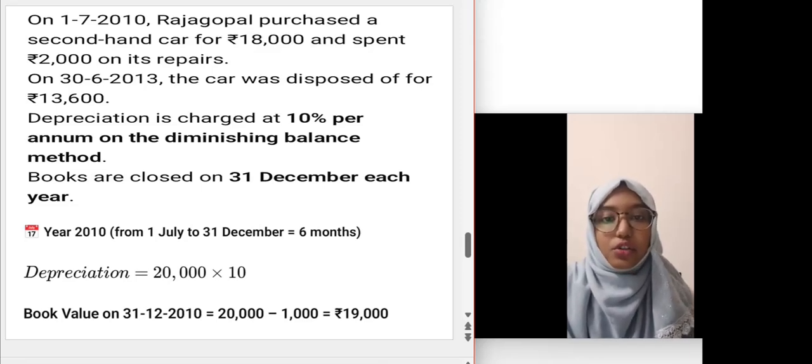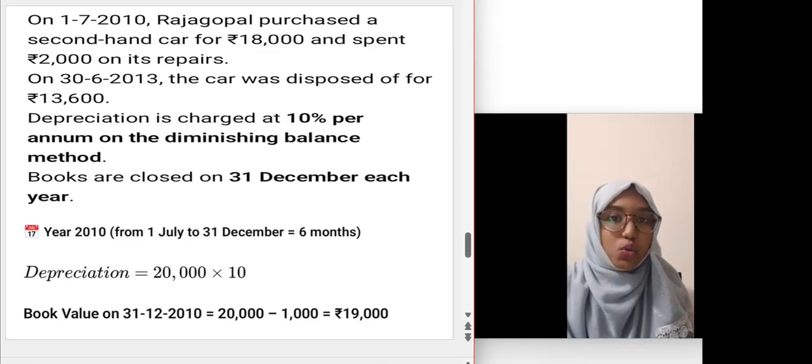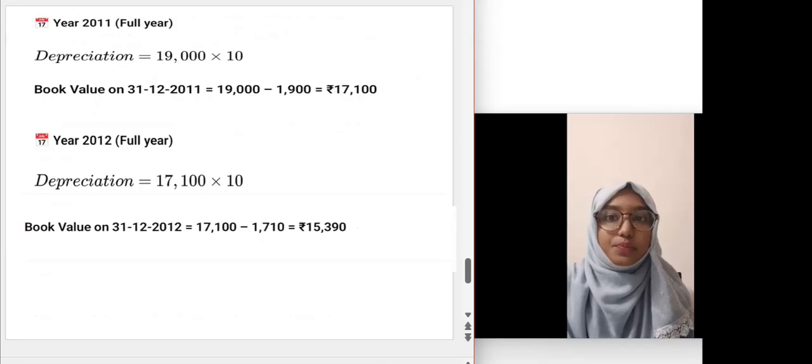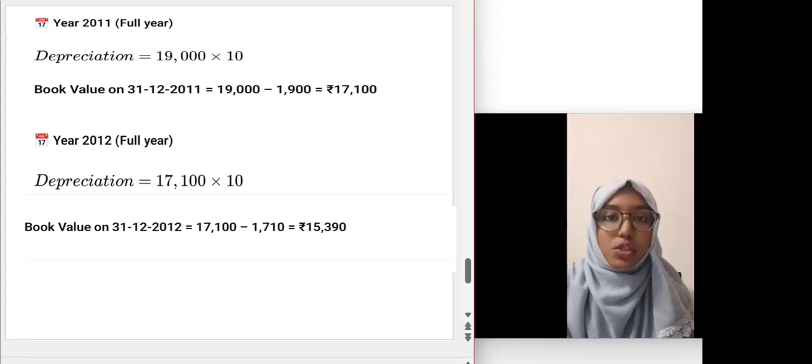So from the date of its purchase till 31st December 2010, there are 6 months. So on the asset value, which is 20,000 into 10% into 6 out of 12 months, that will be the depreciation for the first year. In the year 2011, no changes. So after the 20,000 minus the 1,000 depreciation value, the asset value on 1st January 2011 will be 19,000.